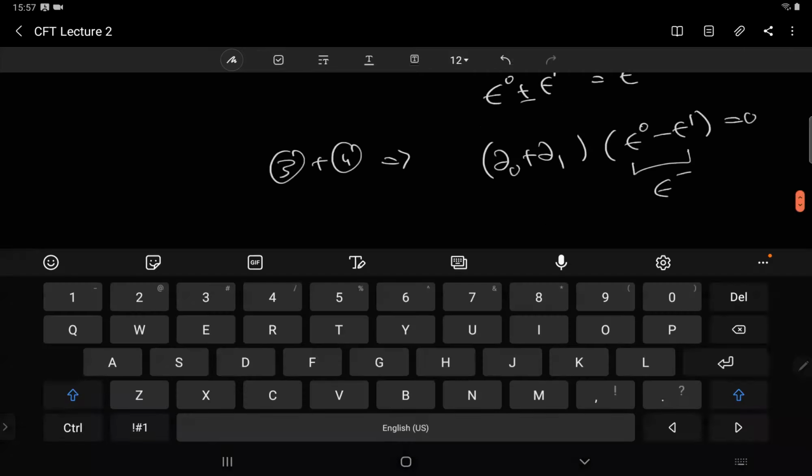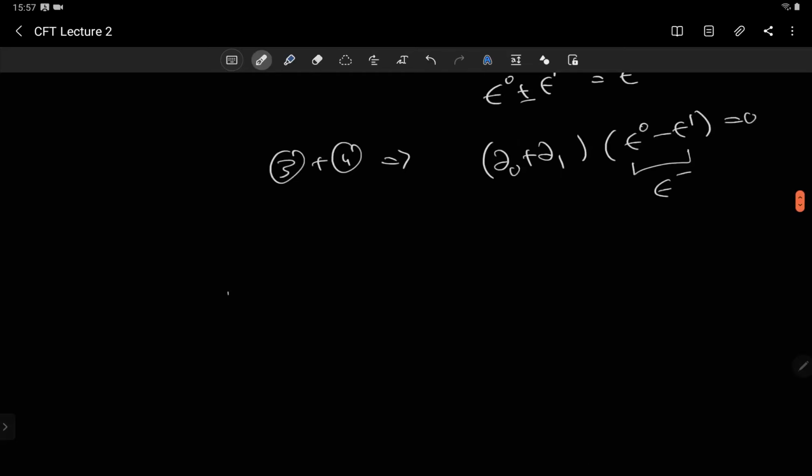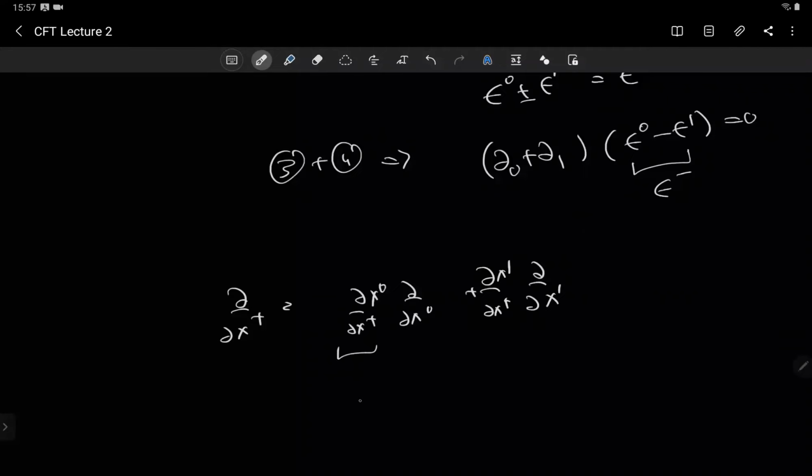And if you use the chain rule, you can show that del x plus is equal to del x0 del x0 del x plus plus del x1 del x1 del x plus, and x0 is x plus plus x minus by 2, and x1 is x plus minus x minus by 2. So you'll get this is equal to just half del 0 plus del 1.